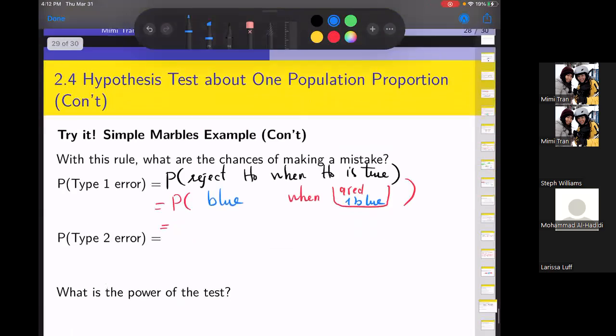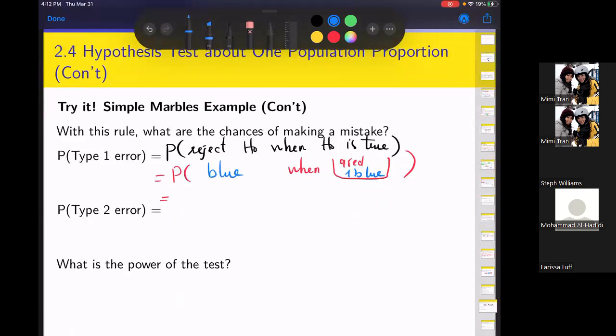So what is the probability that you pick a blue out of the marbles in that basket? 1 out of 10, simple probability. So that means 10%, a 10% chance of making that error. Convict someone when they are actually innocent, right?